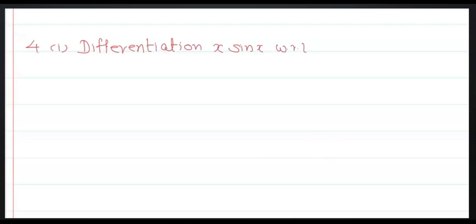Next is question number 4. Differentiate x sin x with respect to tan x.